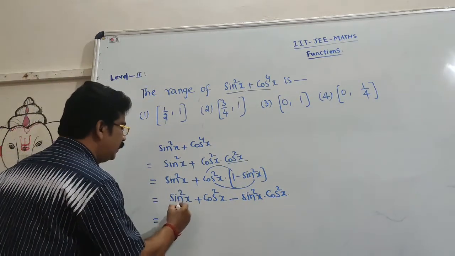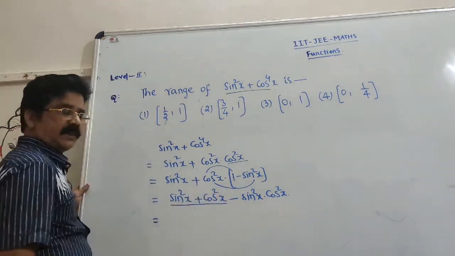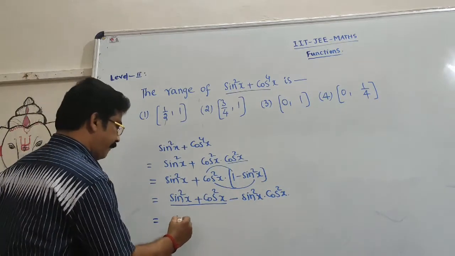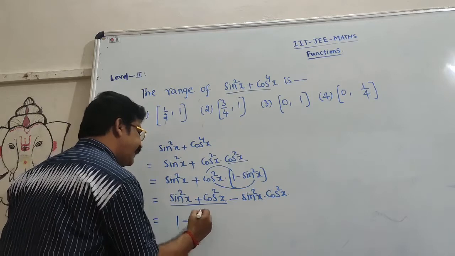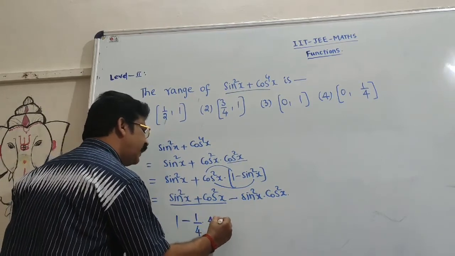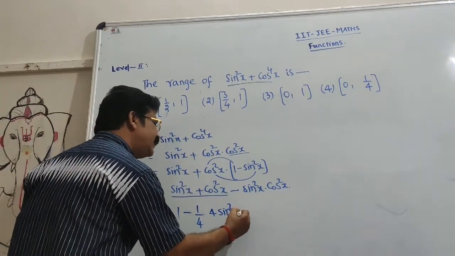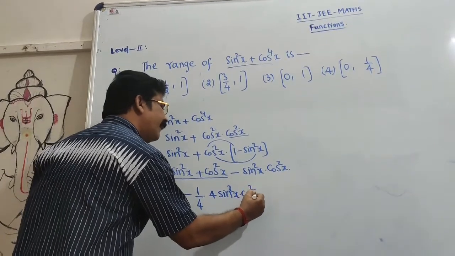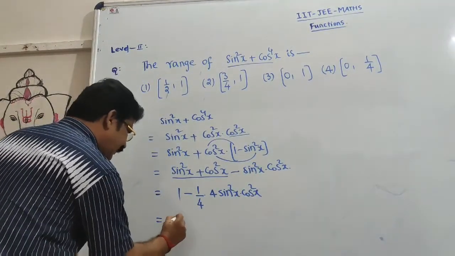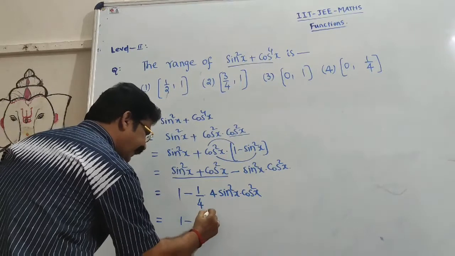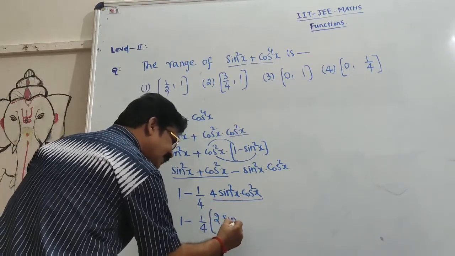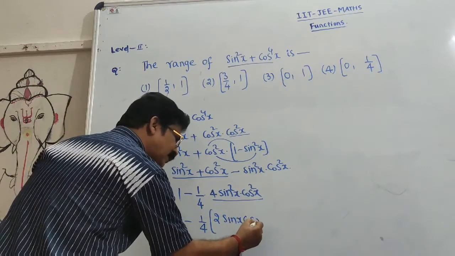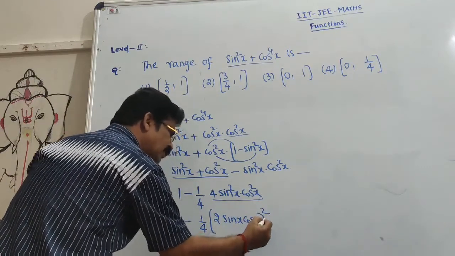So that is equal to sin square theta plus cos square theta is equal to 1 minus, here let us multiply and divide by 4. It is 4 into sin square x into cos square x. So that is equal to 1 minus 1 by 4 into 2 sin x cos x whole square.